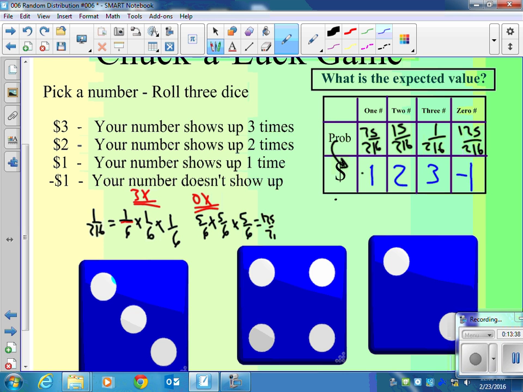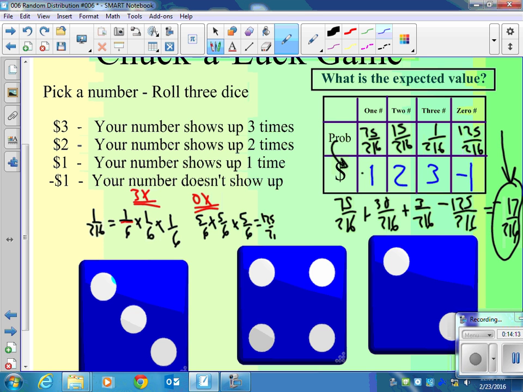So 1 times 75 over 216 plus 15 times 2 is 30 over 216 plus 3 out of 216, minus 125 out of 216. So this is 108 minus 125. What's 108 minus 125? Negative 17 over 216. This is my expected value.